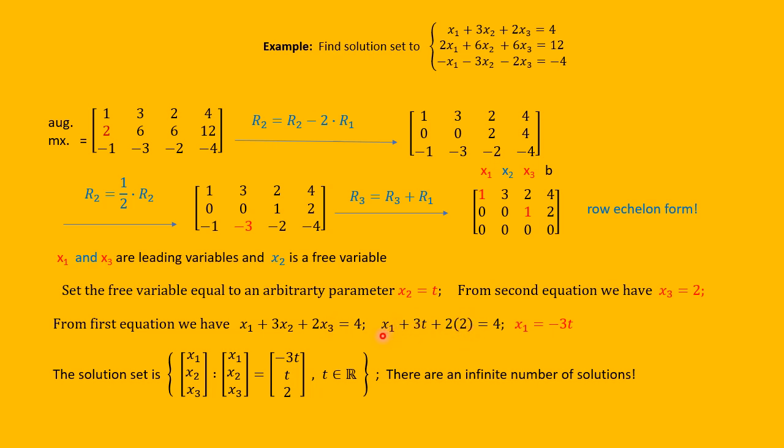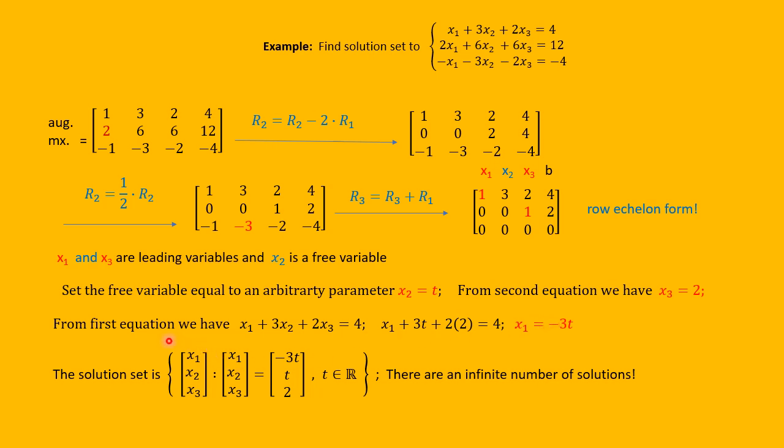So we arrive at the equation x sub 1 plus 3t plus 2 times 2 equals 4. x1 plus 3t plus 4 equals 4. So x1 plus 3t has to equal 0. So x1 has to equal minus 3t.